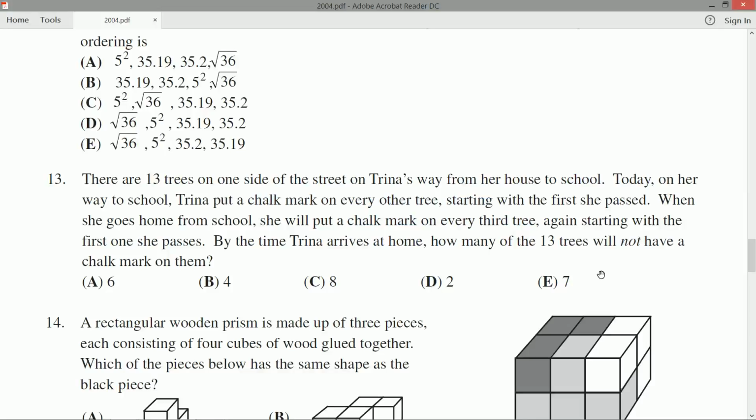Okay. So we're quite lucky in this question because there are only 13 trees. This is the 2004 Gauss, so you could make the question harder by saying, what if there were 2004 trees on her way to school, and she does the same sort of thing.